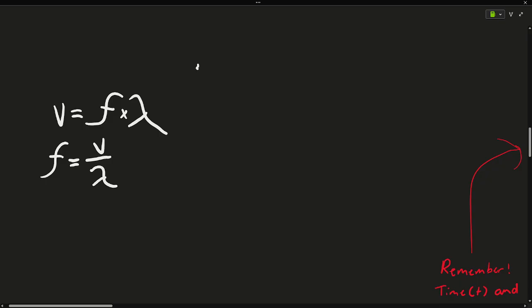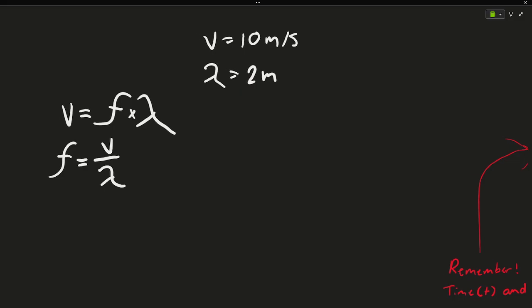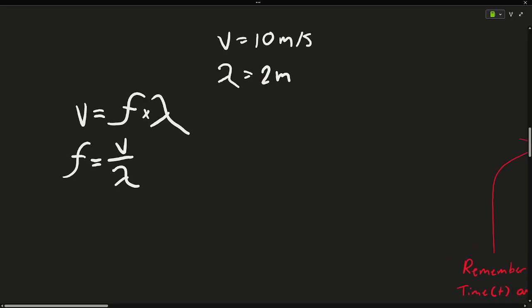Let's say lambda equals 2 meters, and our velocity equals 10 meters per second. So our frequency will equal 10 meters per second divided by 2 meters.